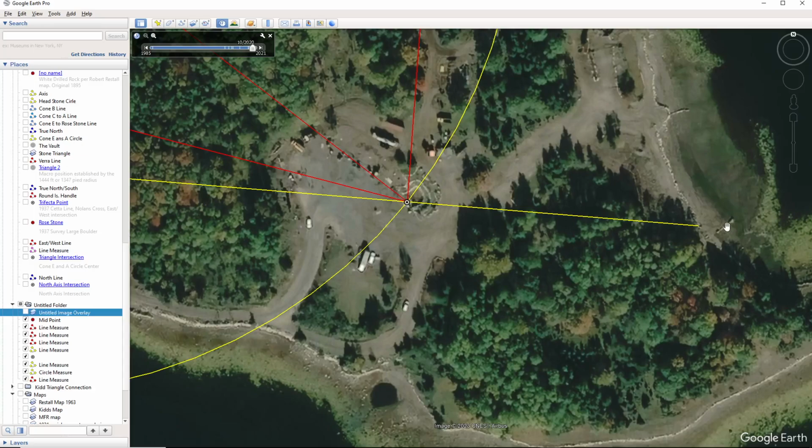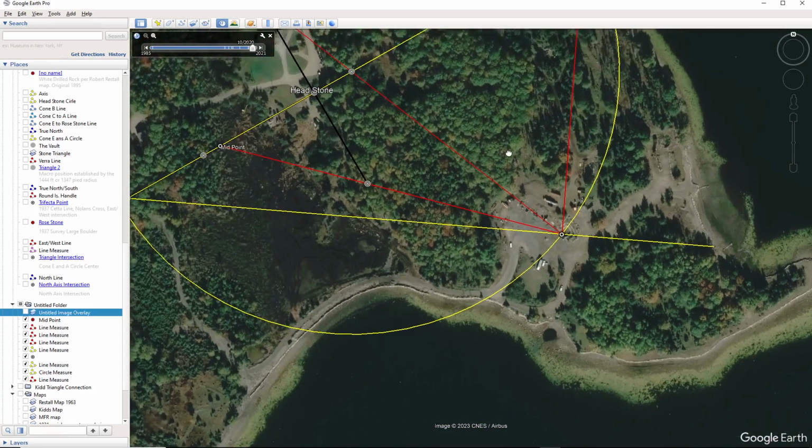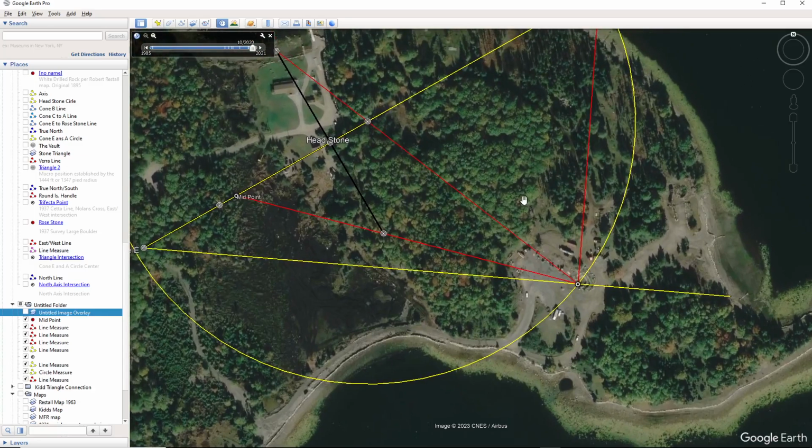This is actually a geometry, in my opinion, that has to do with the stone triangle. However, this geometry does work with these two lines from the midpoint of the grid to cone C and cone A. It goes to right here.